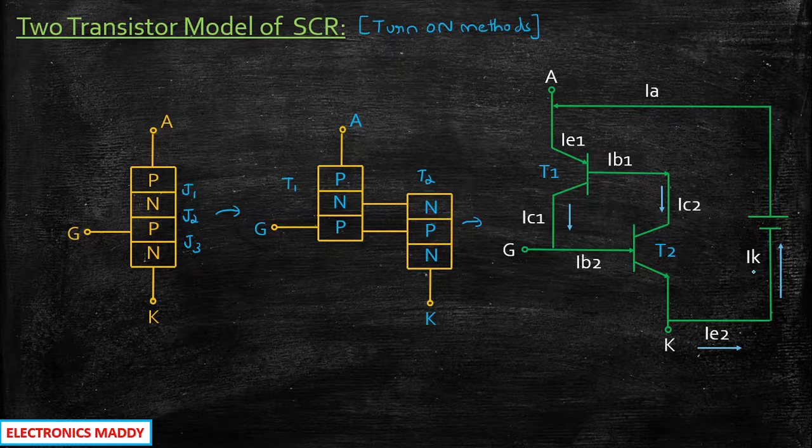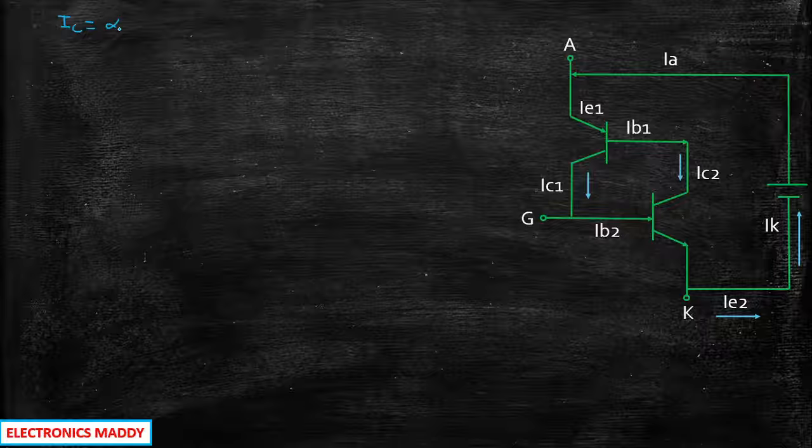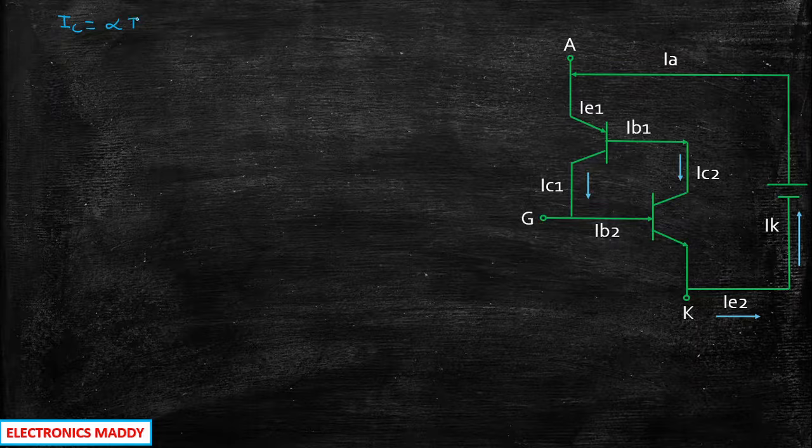So how do we start off? Let us consider the circuit again. In general, for a transistor, IC is given by alpha into IE plus ICBO. This is the general expression with respect to a transistor, and this is very helpful for us in order to analyze this particular analysis. So alpha is called the large signal current gain. Now let us consider T1.